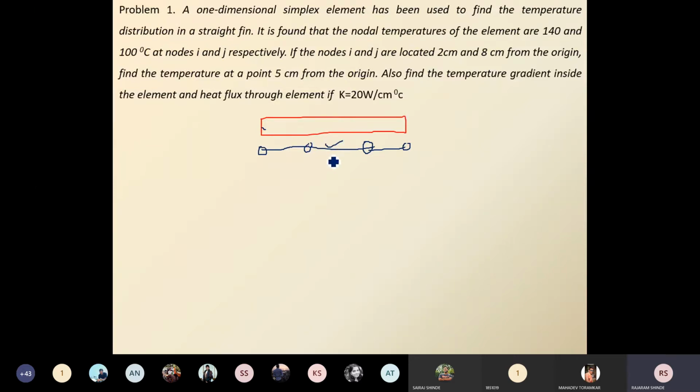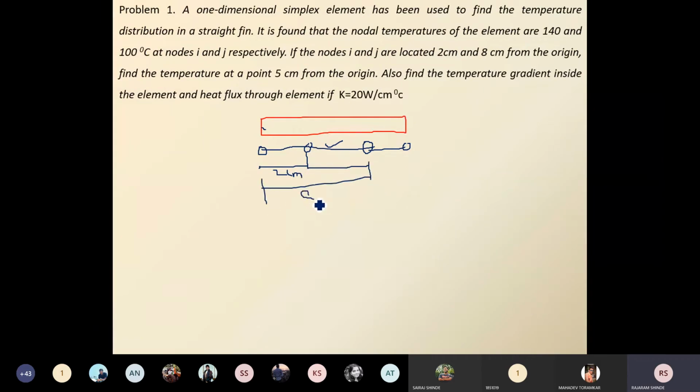This selected element has its first node at 2 cm from the origin. Origin is here; from here to here it is 2 cm. The second node is at 8 cm.